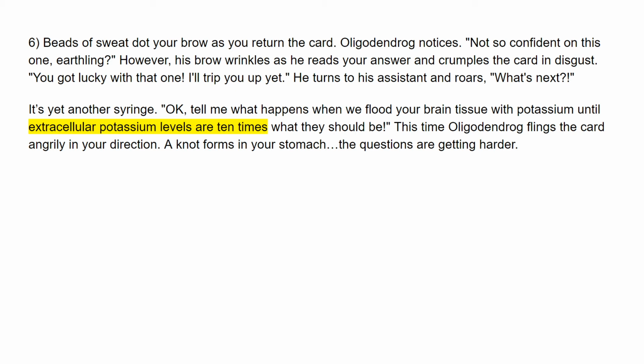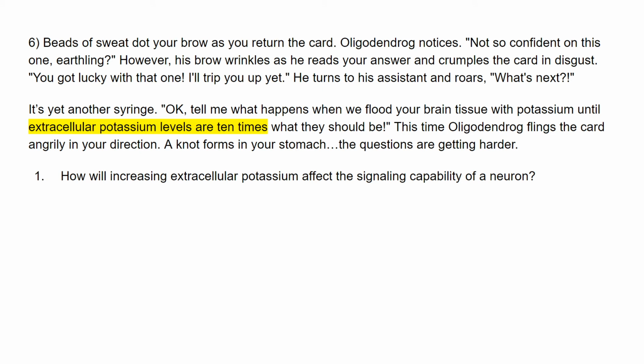So this time we're making the extracellular potassium levels high. Extracellular just means outside of the neuron. So how will increasing extracellular potassium levels affect the signaling capability of the neuron? Normally, the concentration of potassium is higher inside the neuron, which causes it to flow out.